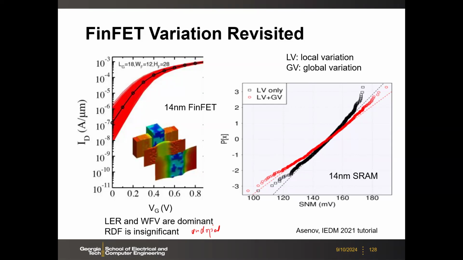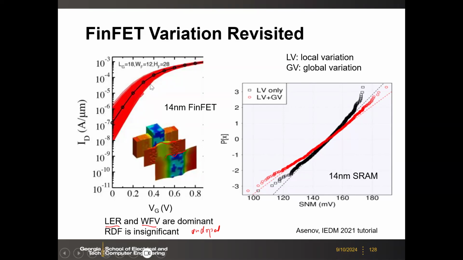Then the fin edge roughness and the work function variation will become the dominant factors. Especially the fin edge roughness, right? The fin is very thin, so if you have any variation, that will also give you a lot of surface scattering, and then the transistor characteristics will spread out between different transistors.